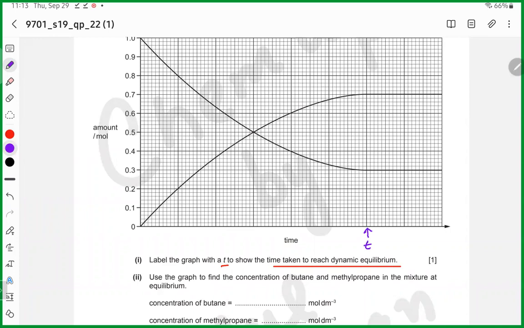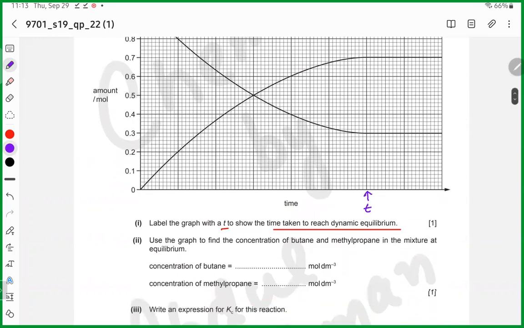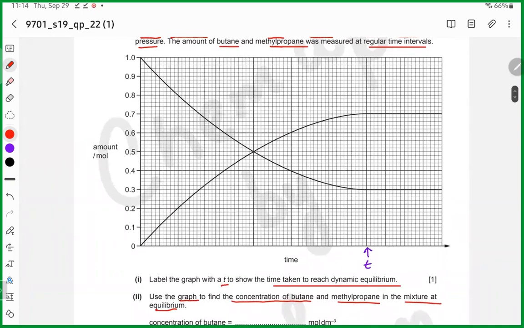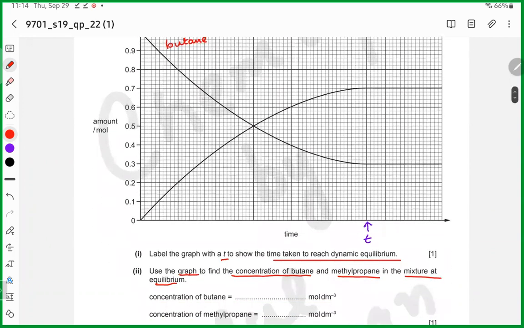Is this clear to everyone? Yes, sir. Okay, now what else are they asking in the next part? Use this graph to find the concentration of butane and methyl propane in the mixture at equilibrium. This is the curve for butane, because butane is our reactant, right?